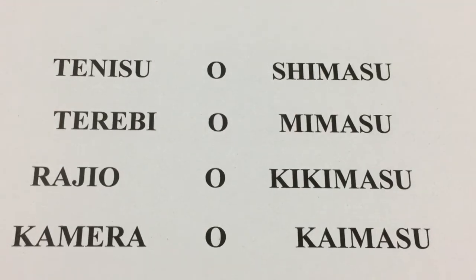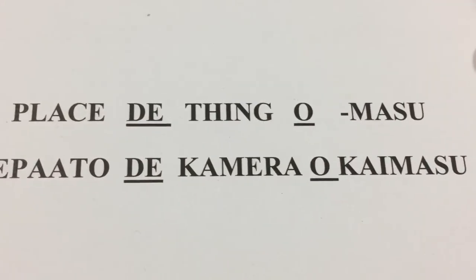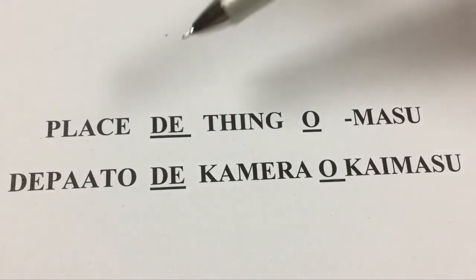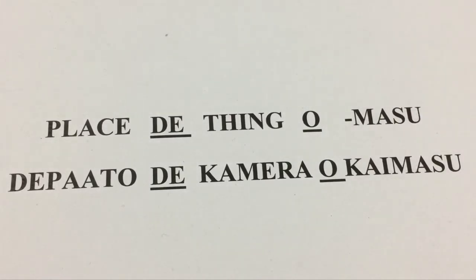The next point of the grammar for this chapter is when you do something at some place, we use particle de with the place. If you remember, when we use the verbs to go, to come, to return, ikimasu, kimasu, kaerimasu, we have the destination, and for the place of destination we use particle ni. It is a movement from one place to another place.